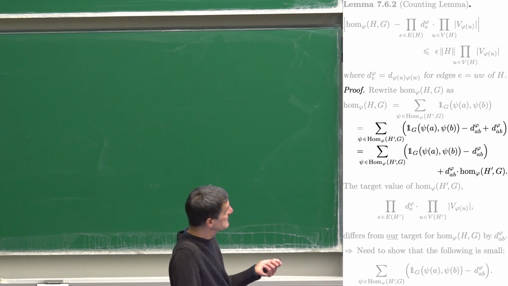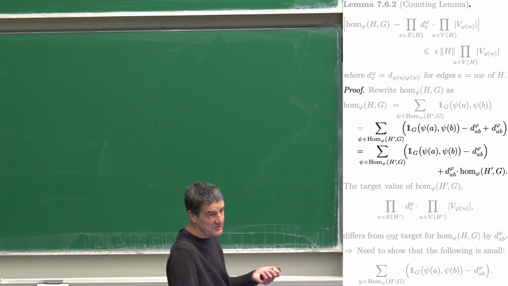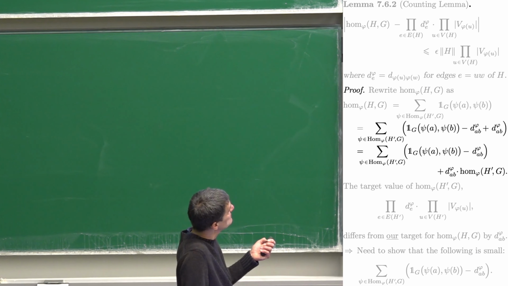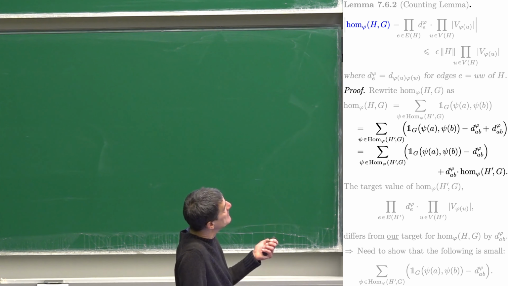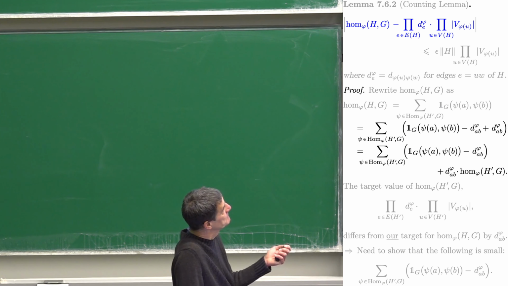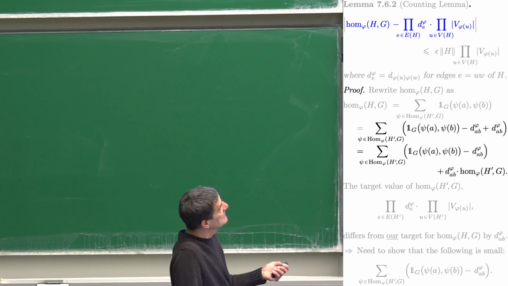And there's something even better. Let's look at what we're trying to prove. We're trying to prove that the number of phi-partite homomorphisms from H to G differs from its target, the product of two big products, by a little bit. Now, by induction, we know that for H prime.